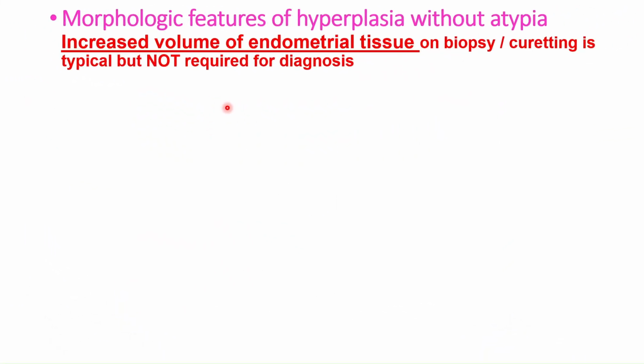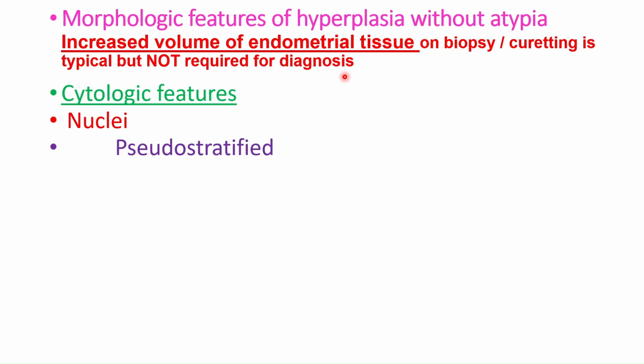Now, what are the morphological features to tell it is hyperplasia without atypia? Whenever we get a biopsy, there is increased volume of endometrial tissue, though it is typical but not required for diagnosis. Now, cytological features.